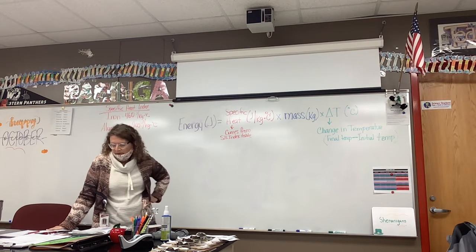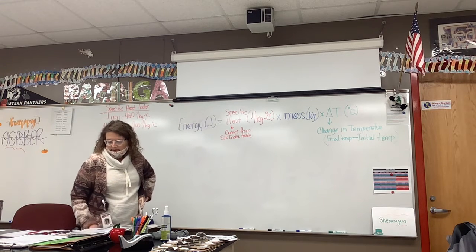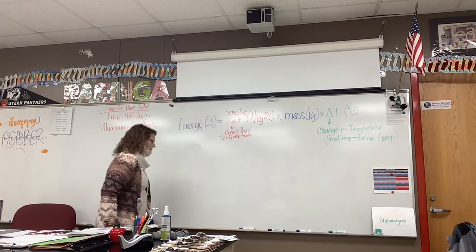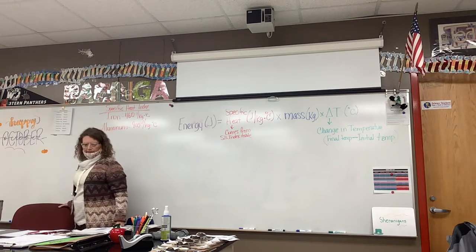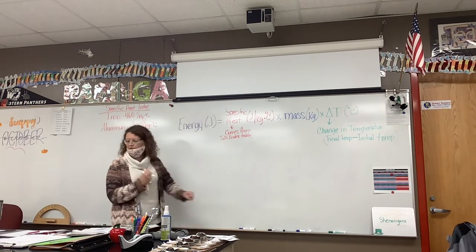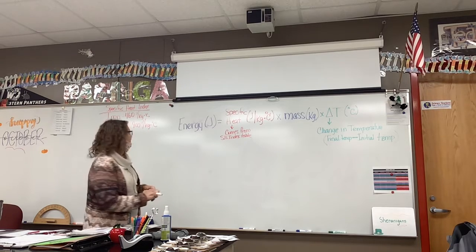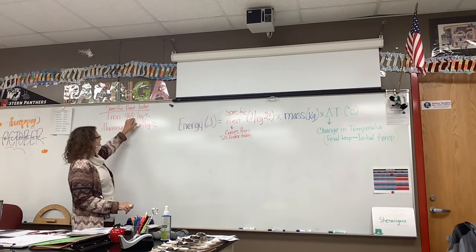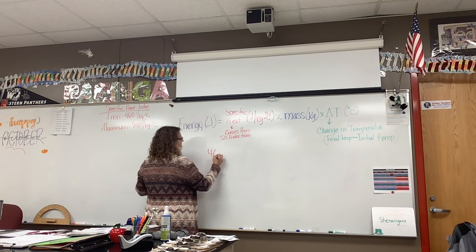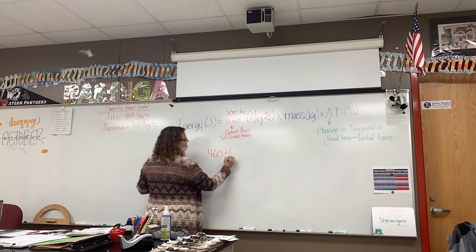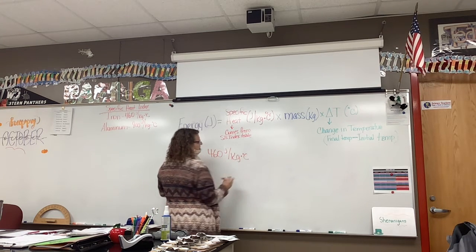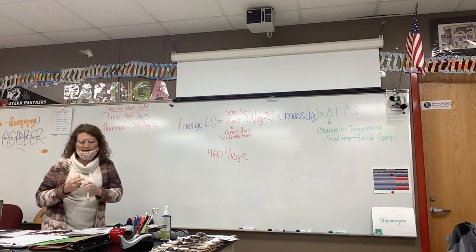All right, so let's plug and chug. I'm going to use red for my specific heat, which is this 460. So 460 joules per kilogram degrees Celsius. That's my first plug.